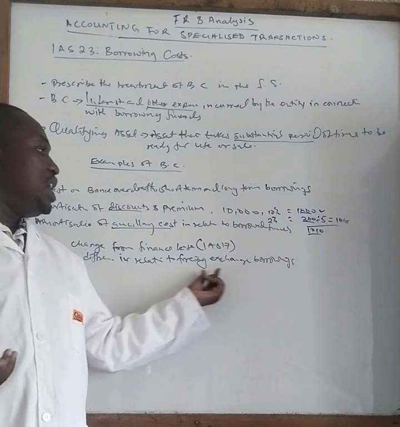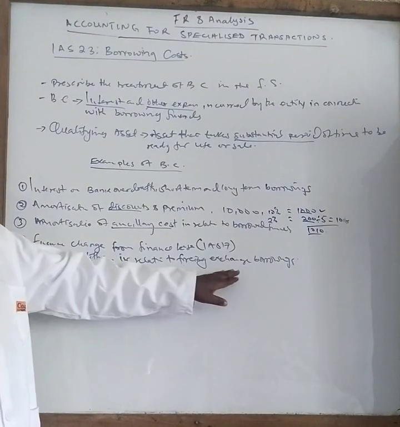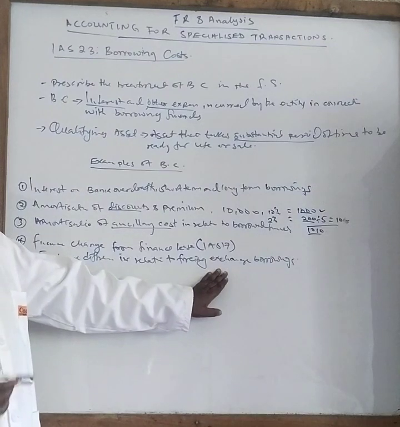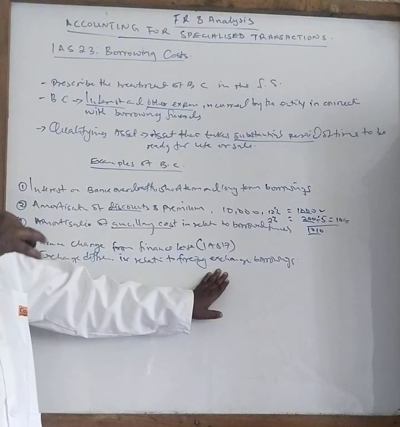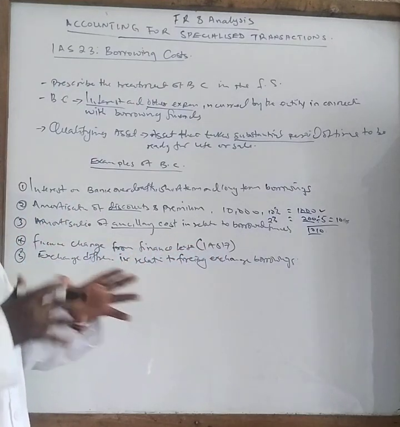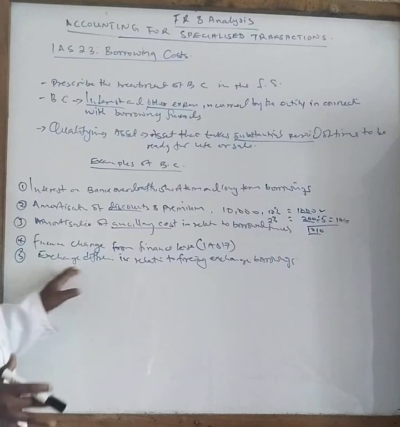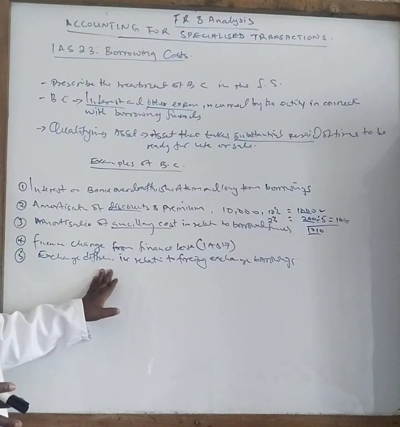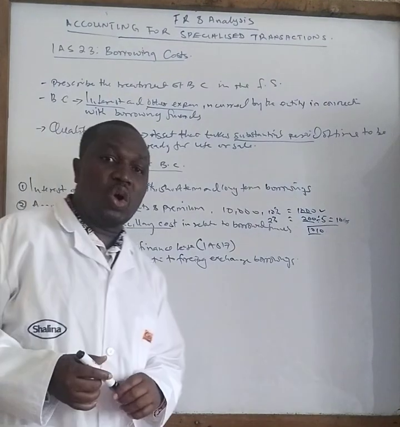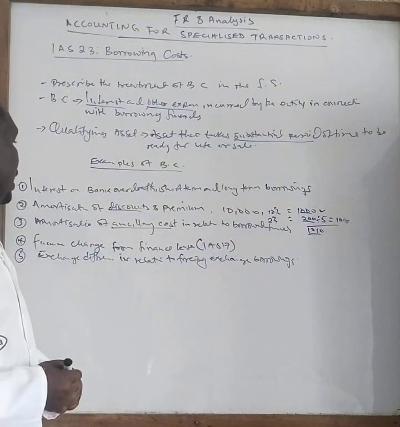For that matter, if there is any change between the exchange rate at the beginning of the period in which you are borrowing funds and the exchange rate prevailing at the end of the period, that exchange cost is what you call exchange difference. So these are the 5 costs that relate to borrowing costs. So therefore they should be treated like that.